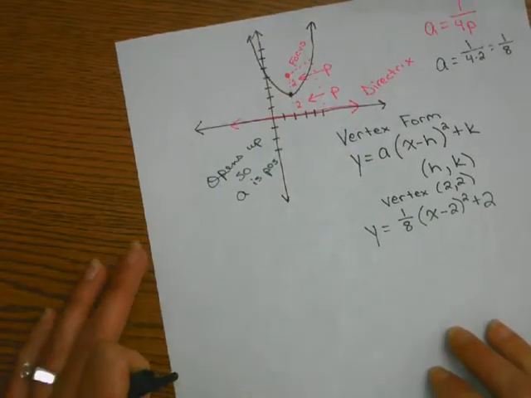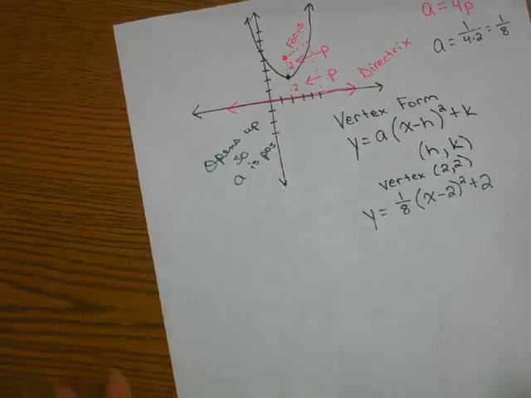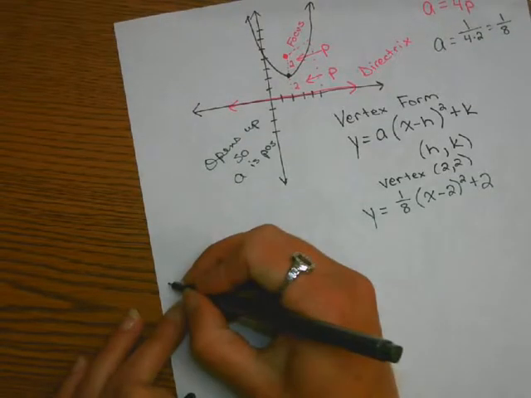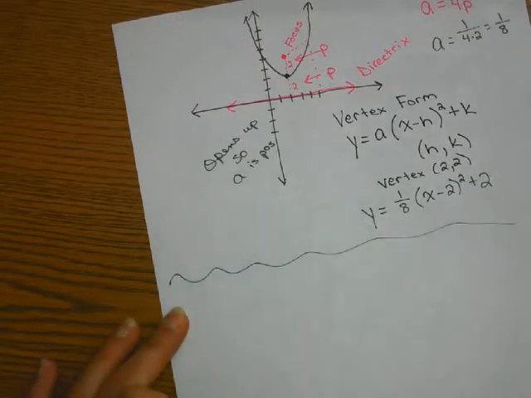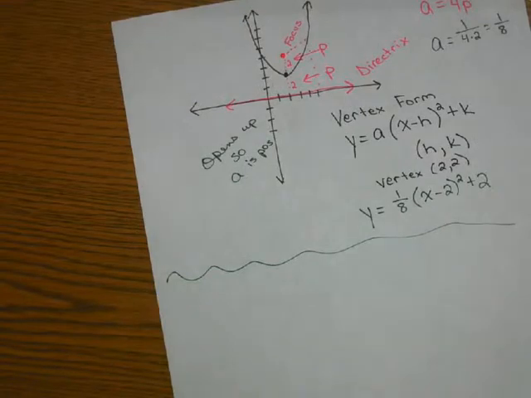Let's try a different one. What if we didn't know our vertex? What if all we knew was our focus and the directrix?